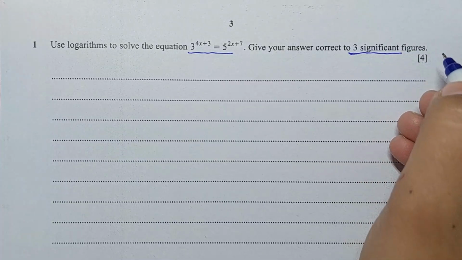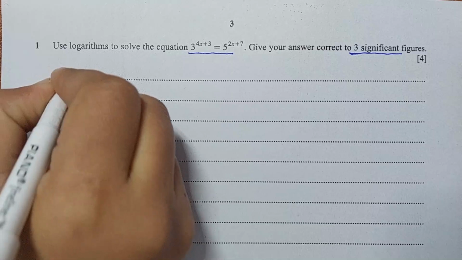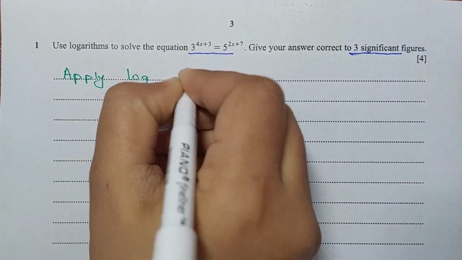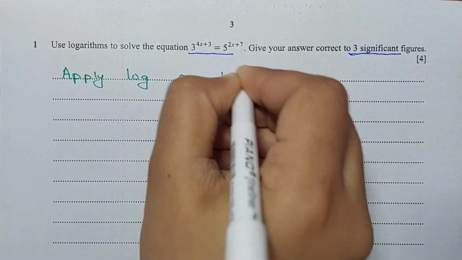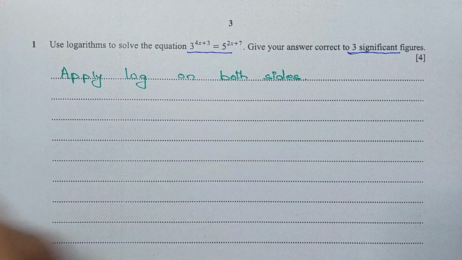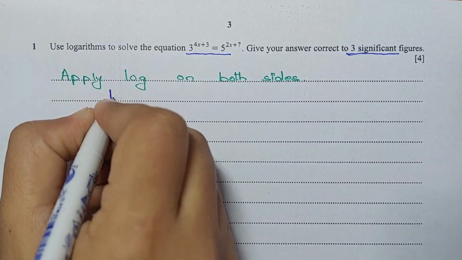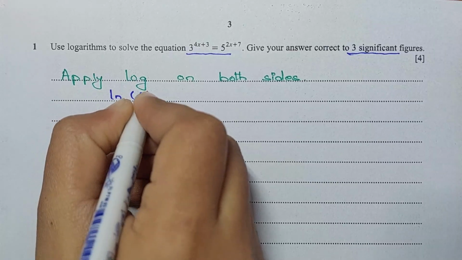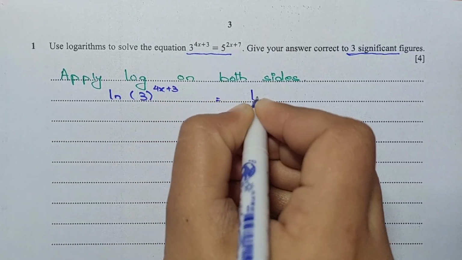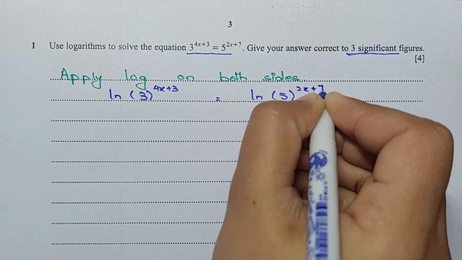Okay, so we have to use a logarithm. For logarithm, the first step is to apply log on both sides. So let me take a log on both sides: natural log 3 to the power 4x plus 3 equals natural log 5 to the power 2x plus 7.